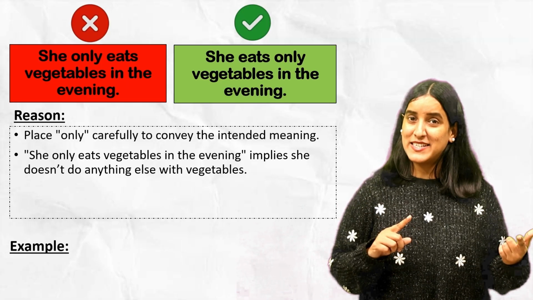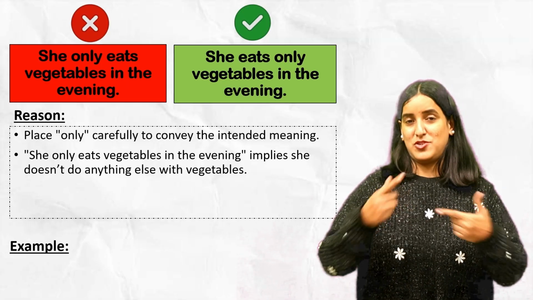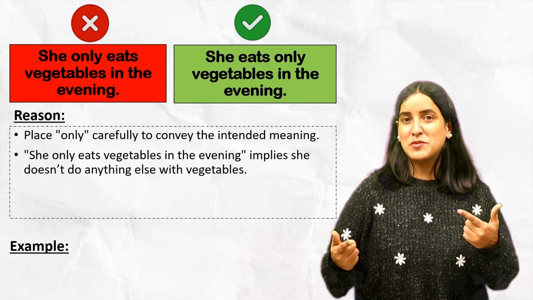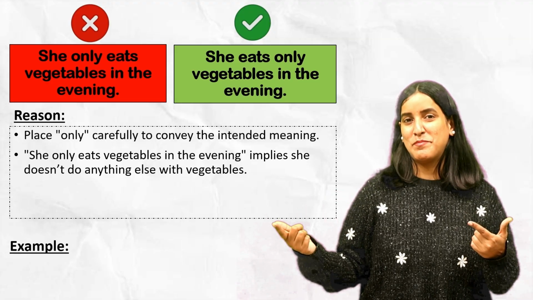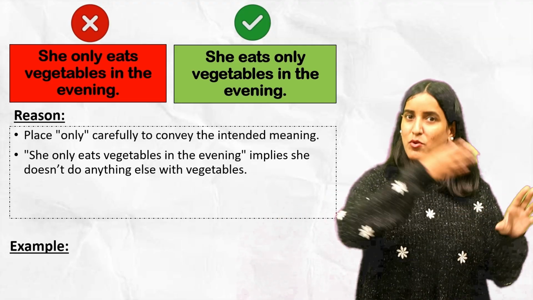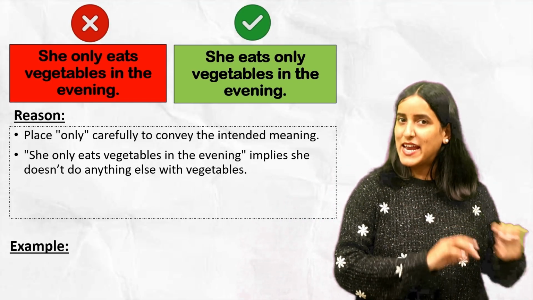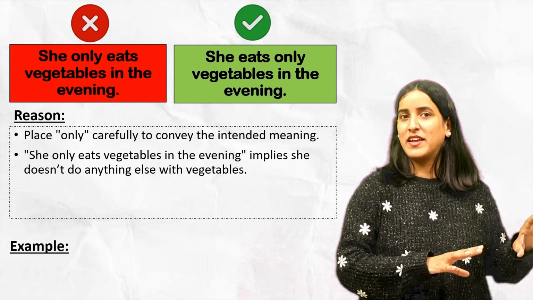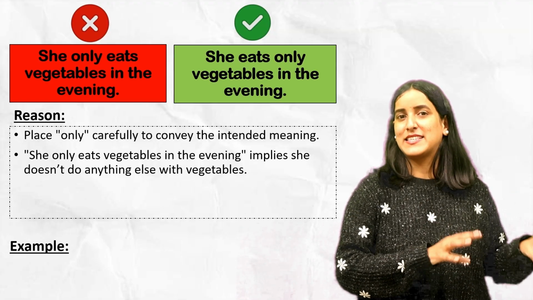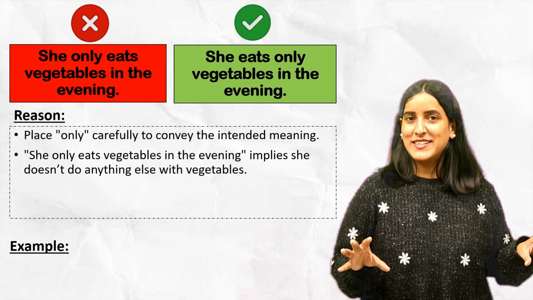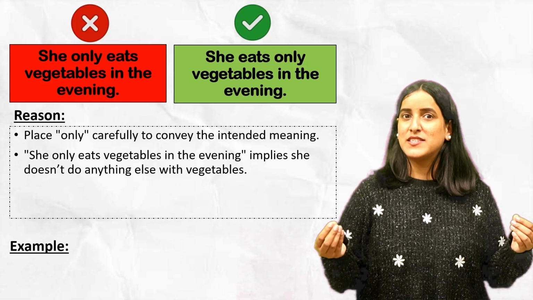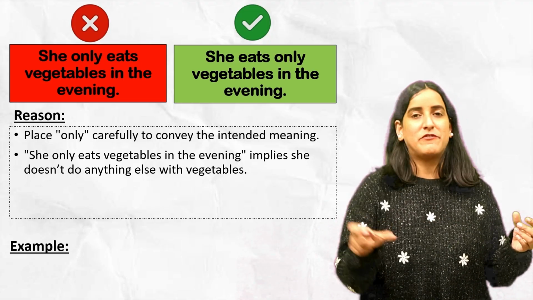Now, in the incorrect example, she only eats vegetables in the evening. In this example, the adverb only modifies eats, okay, which shows that she does not do anything else in the evening or anything else with vegetables except to eat them, right? So that's how meaning changes by placing words in a different order.